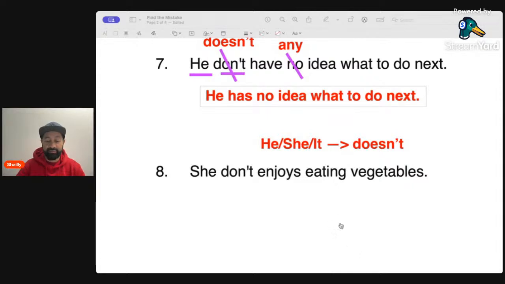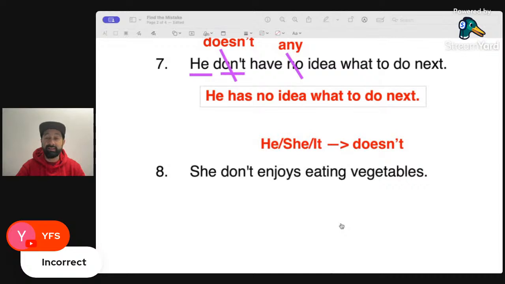All right, so YFS will say incorrect. What's the fix? Fix the mistake. There could be more than one mistake, and in this situation, there is more than one mistake.